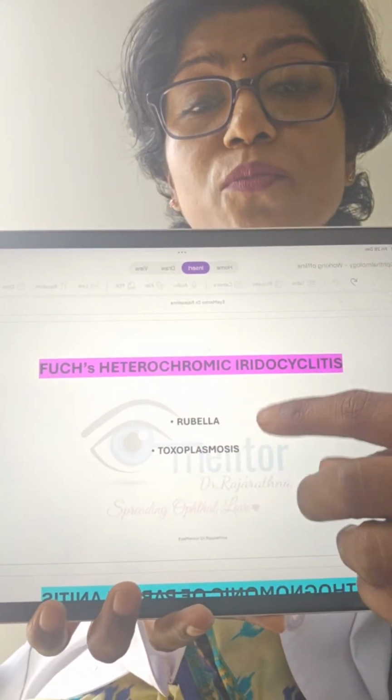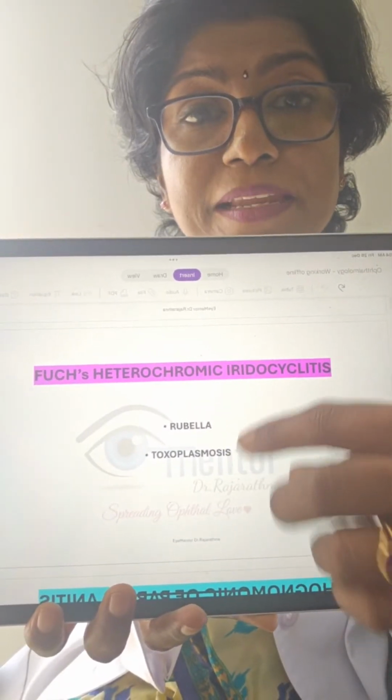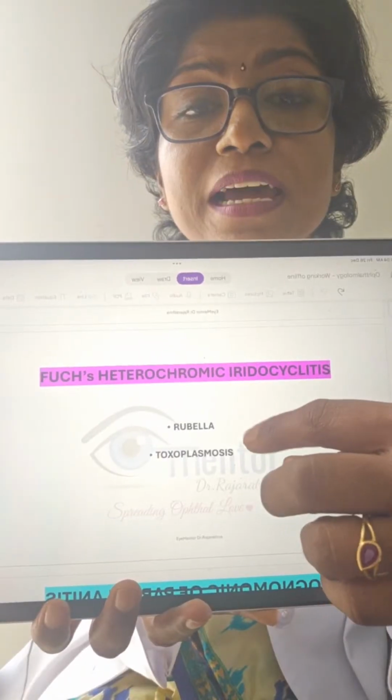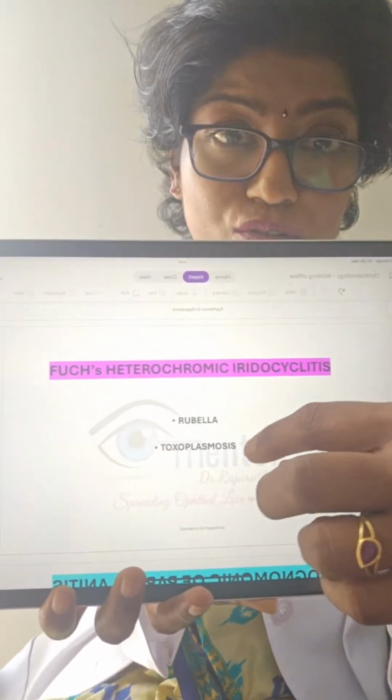Both rubella and toxoplasma are implicated in the pathogenesis of Fuchs. So please remember rubella and toxo. But in my options I had given only rubella: HIV, Shigella, HSV, rubella. So rubella is the answer.